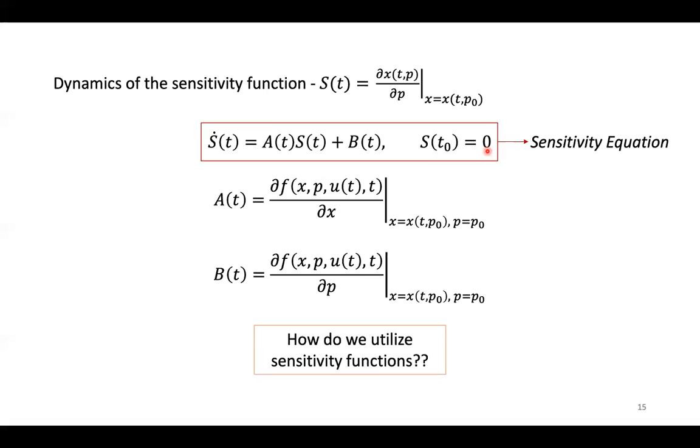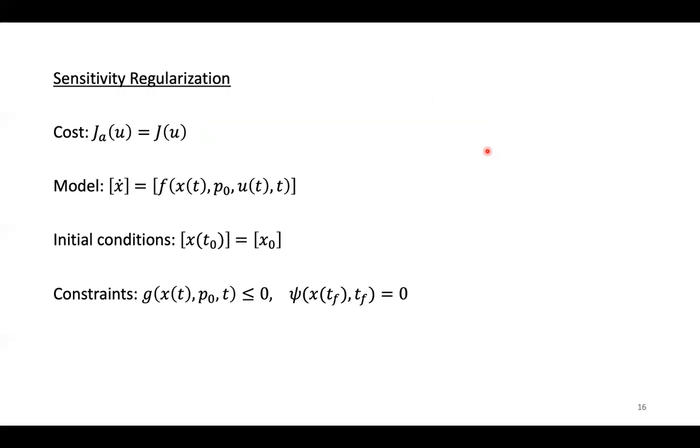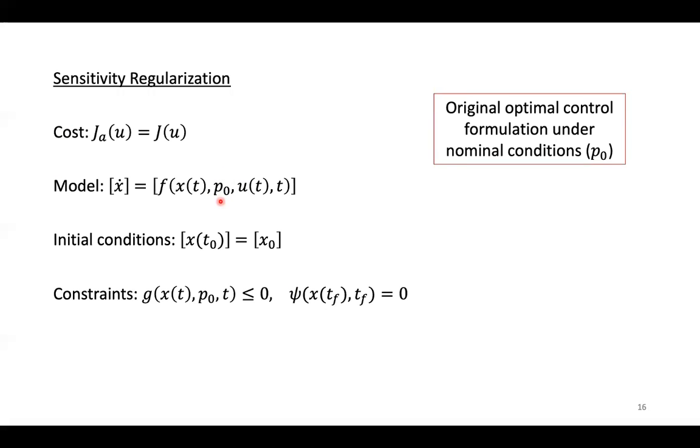So now that we have the dynamics for the sensitivity function, how do we utilize these sensitivity functions? The first idea is what is called sensitivity regularization. Right now we have our standard optimal control problem with p naught being the nominal value of the parameter. I call this the original optimal control formulation under nominal conditions.